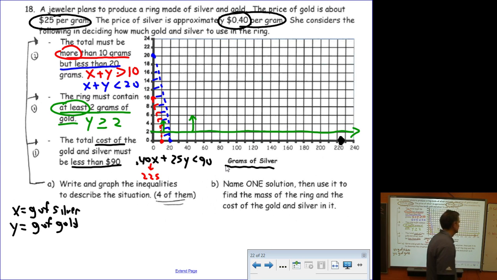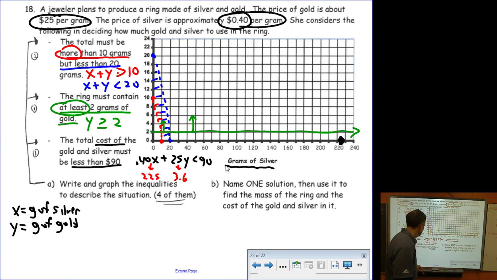See it there? And then the y-intercept would be 90 divided by 25, and that turns out to be 3.6. So I put a dot on the y-axis at 3.6.